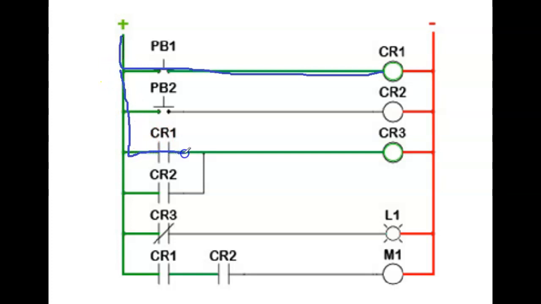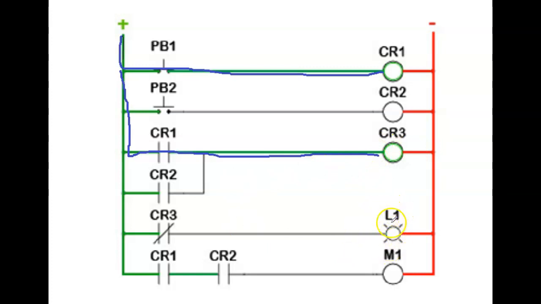So we've got current flow here, and CR3 is going to be energized. Now again, that's as soon as we power on the system. Now this says if CR3 is not energized, or if it's in its normally closed position, which means CR3 is not energized, then L1 is going to be on.